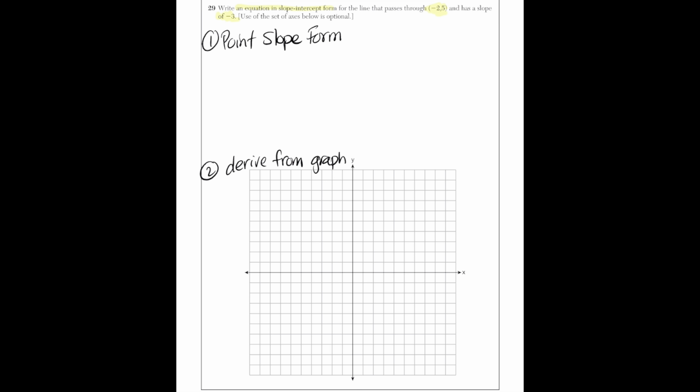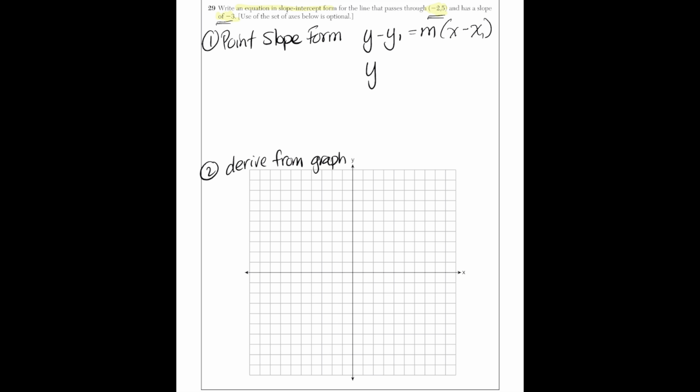For that one, you would use this formula, y minus the y part of the point you have, is equal to m, times x minus the x coordinate of the given point. So this is awesome if they give you a point. They gave us a slope, so now this is just substituting from here on out because they've given us everything else.